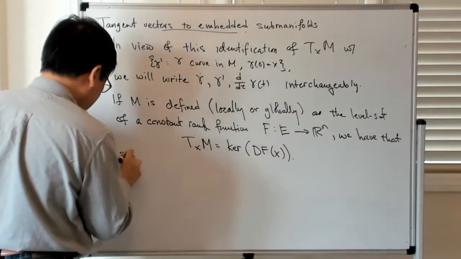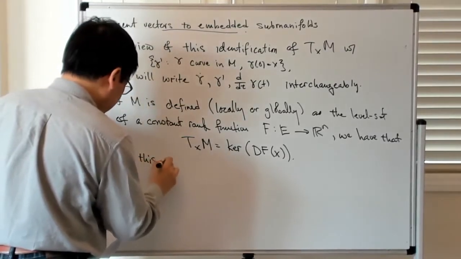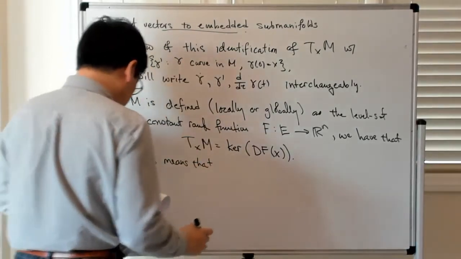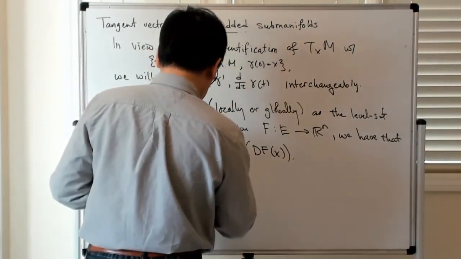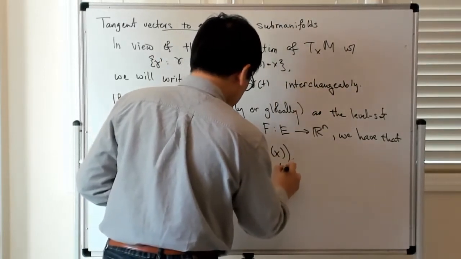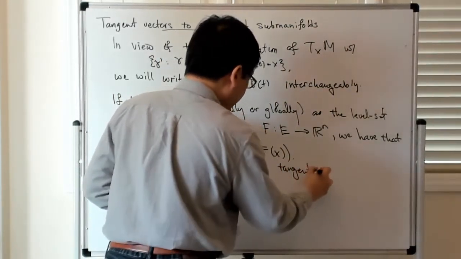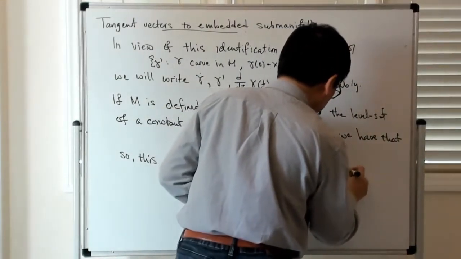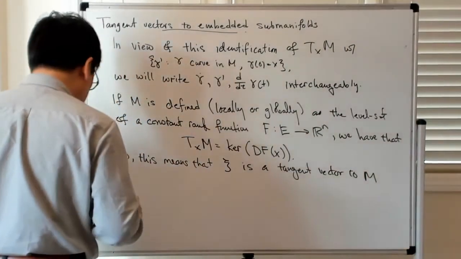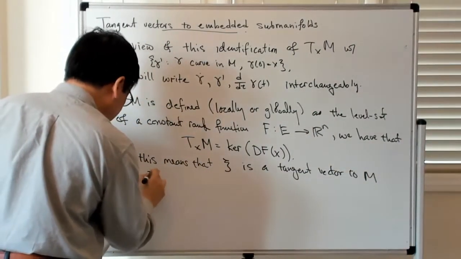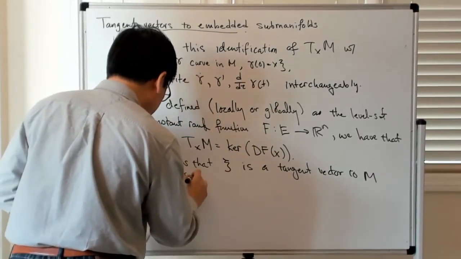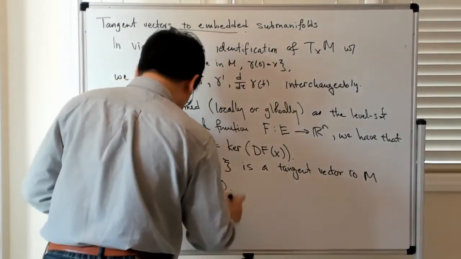So this means that C is a tangent vector to M if dF at x applied to C is equal to 0.